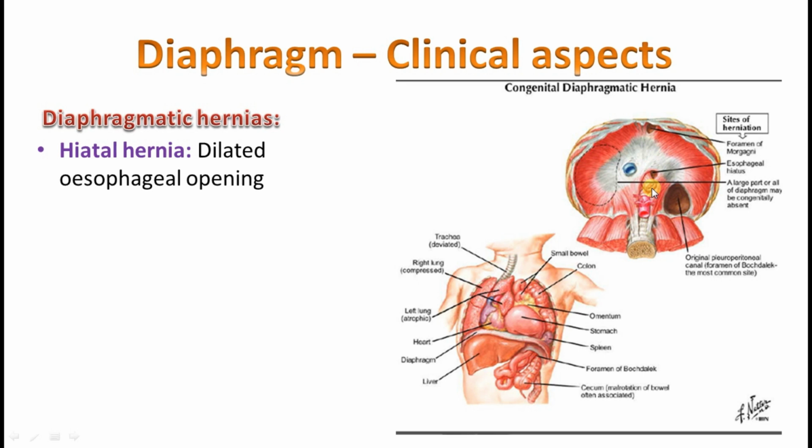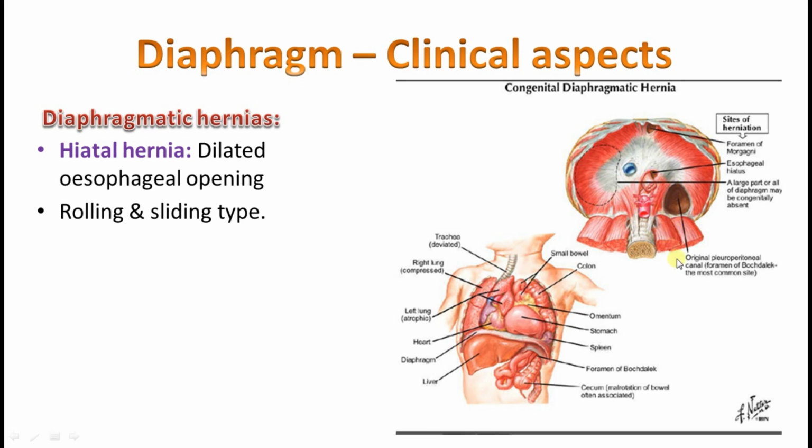There are 2 types, rolling type and sliding type. In the sliding type, the gastroesophageal junction slides over, and the patient has GERD, gastroesophageal reflux disease. So you have heartburn, acid reflux, all those things.